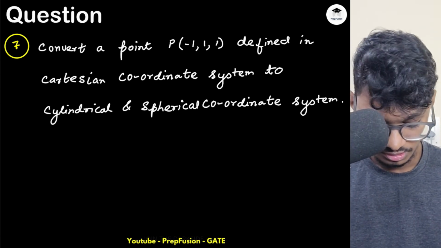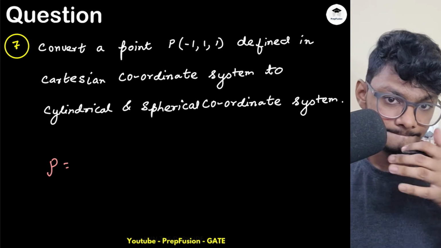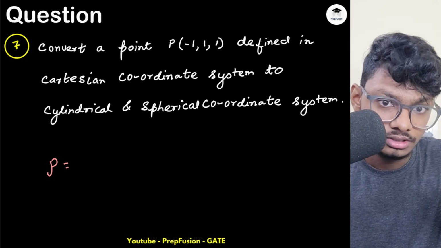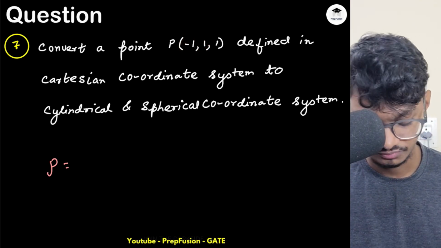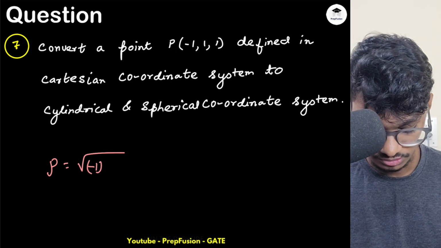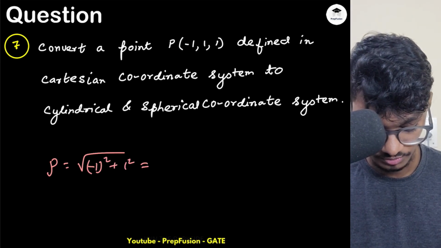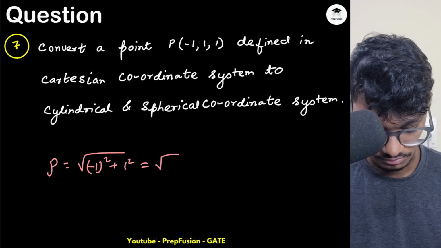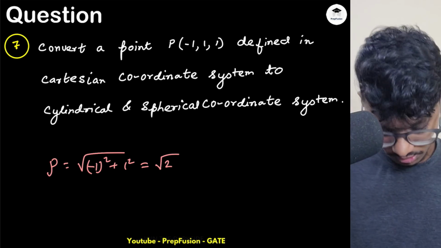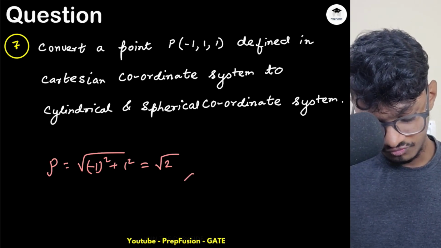For cylindrical, I know rho will be basically the triangle in the xy plane. So it is the square root of the sum of the squares of the lengths of these two. So rho will be the square root of minus 1 whole square plus 1 whole square, so it will be under root 2. What about phi?